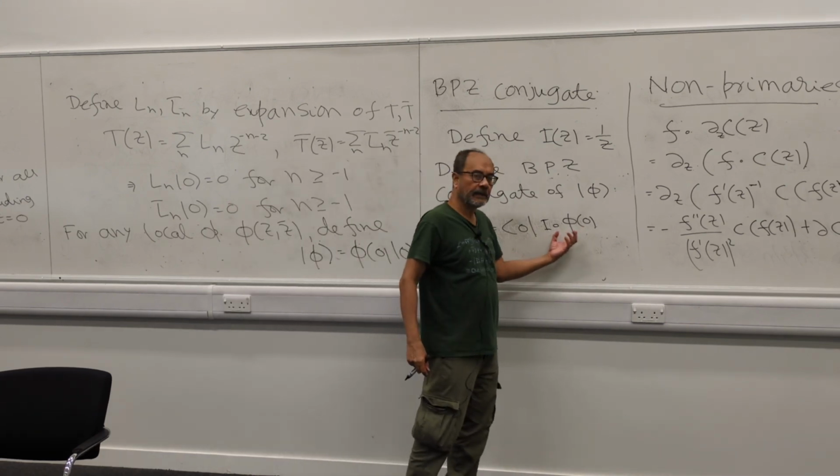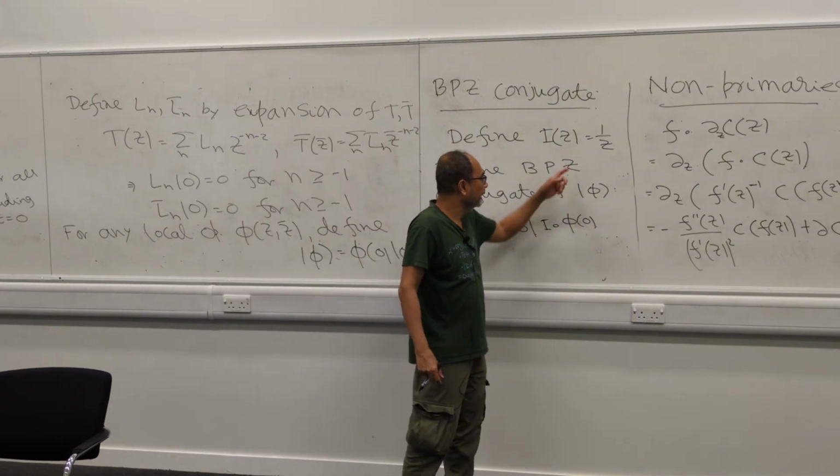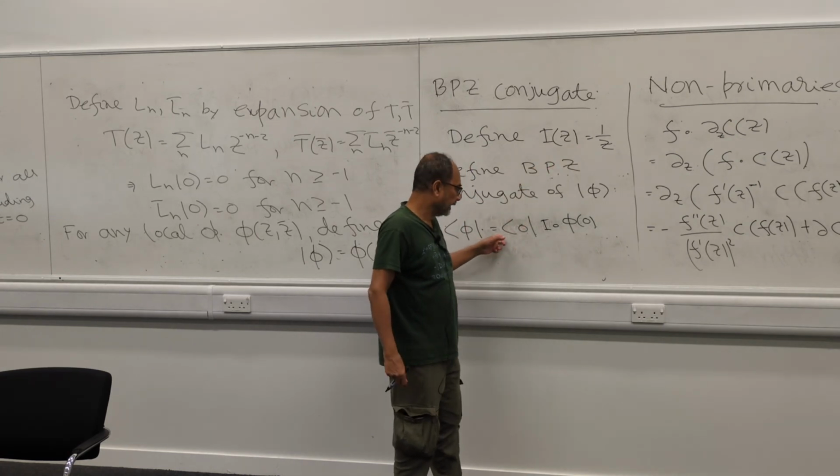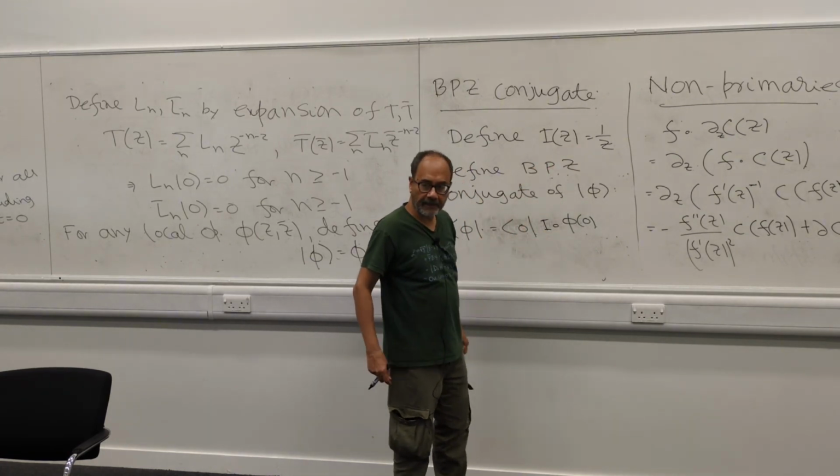So you first conjugate phi by this z goes to 1 over z, and then apply on the bra vacuum.